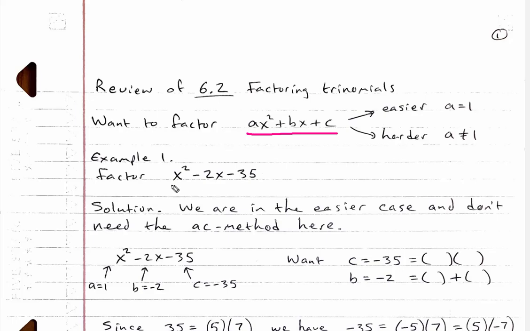So let's look at the easy case first. Here it's just 1x squared. You could use the AC method here, but there's an easier way.